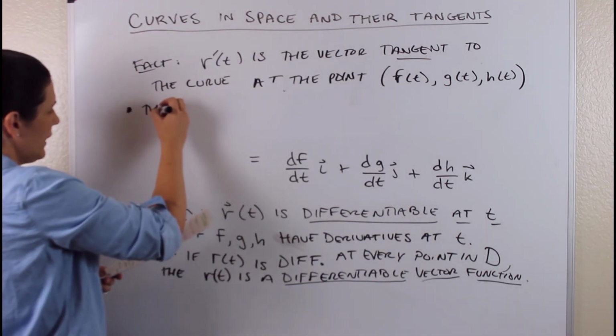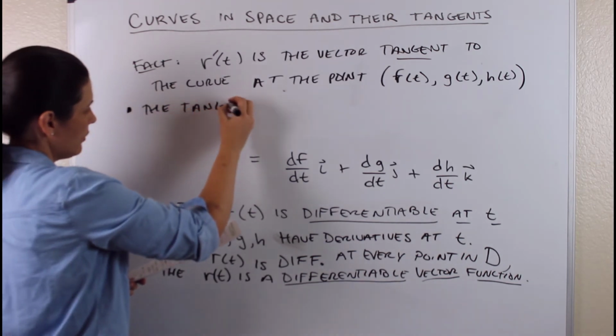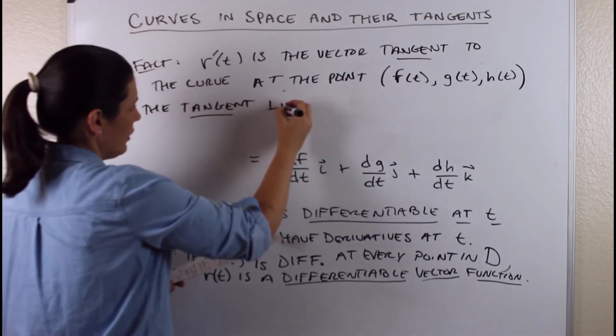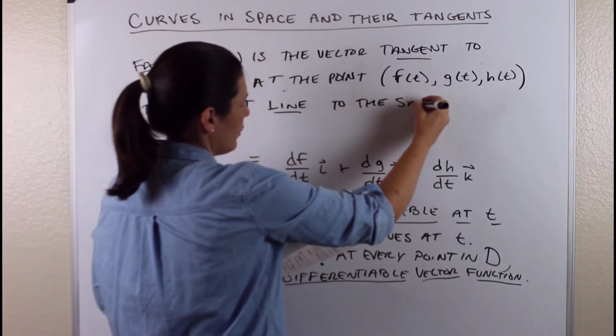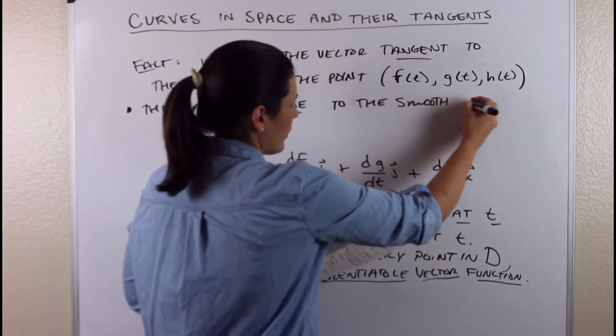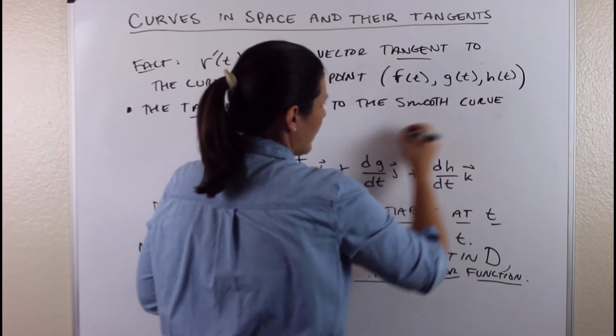Then we can say that the tangent line to the smooth curve at a point, which we'll call P, is the line through P, parallel to the derivative r prime of t at that point. The smooth curve is just sort of a requirement; your curve does have to be smooth.